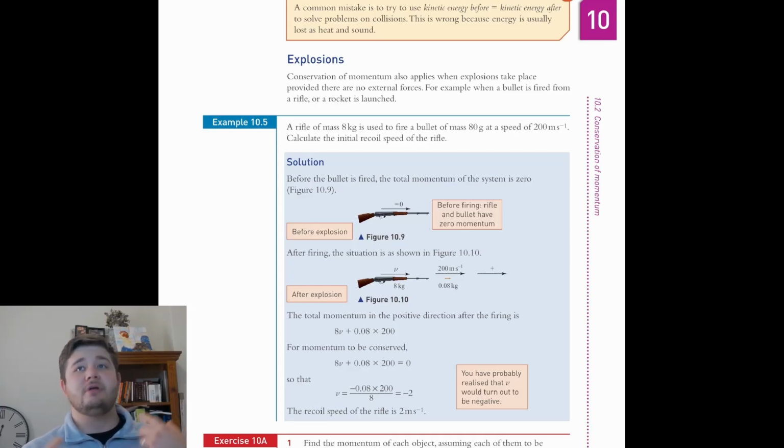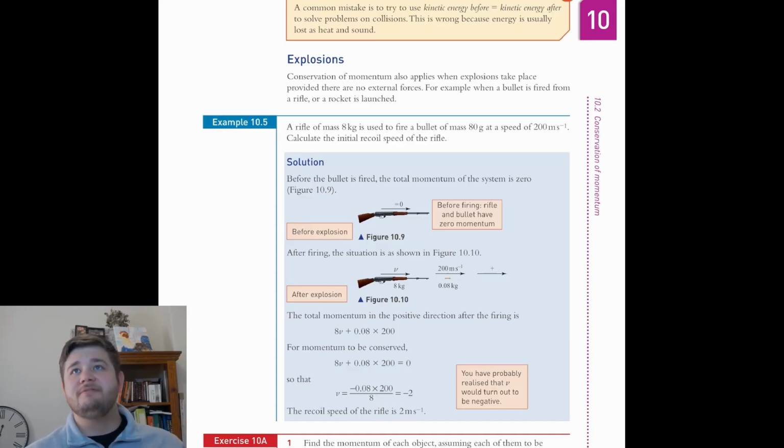Luckily for you, you don't have to consider something that intense. We will just consider something like a gun firing, and instead of taking the gas as our one object colliding with the bullets, we will take the recoil of the rifle as the effect of that gas, simplifying our solution.